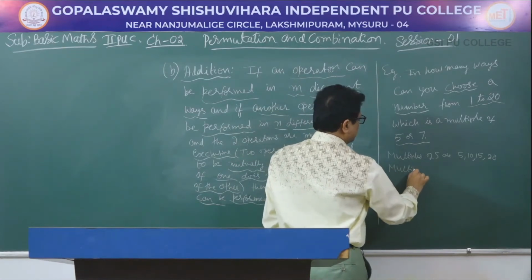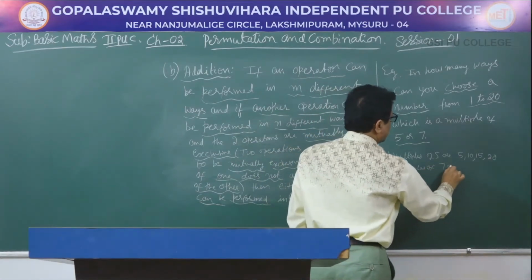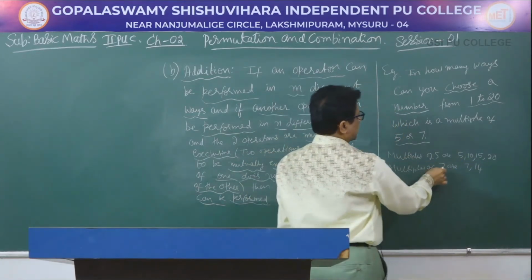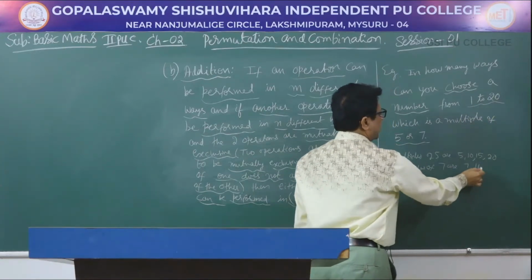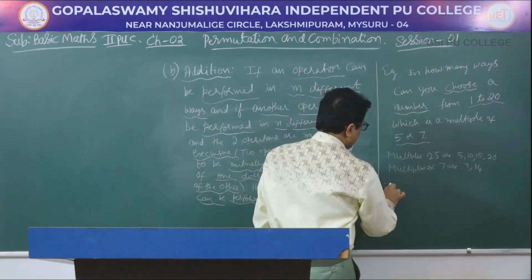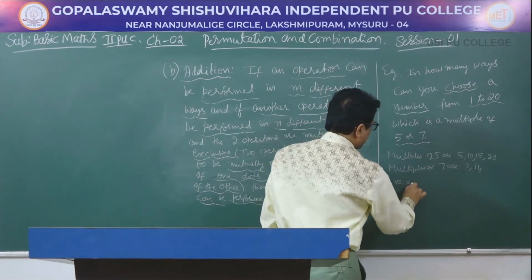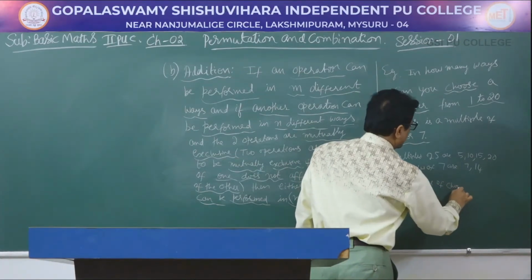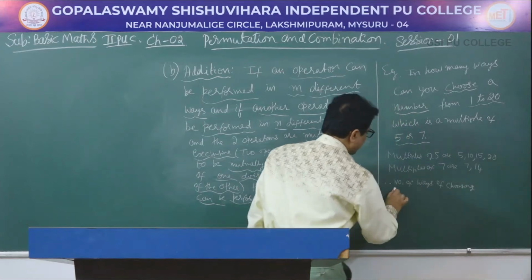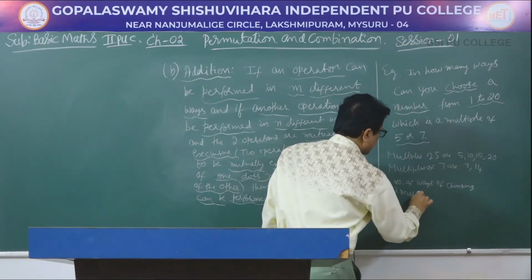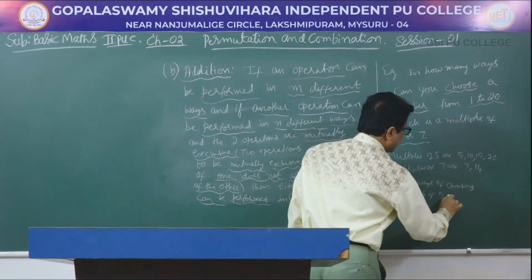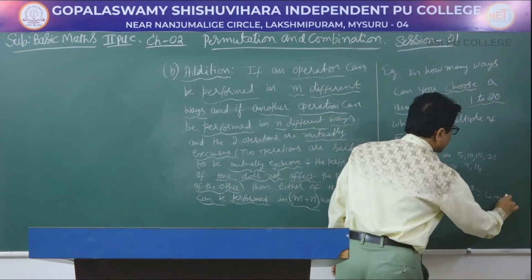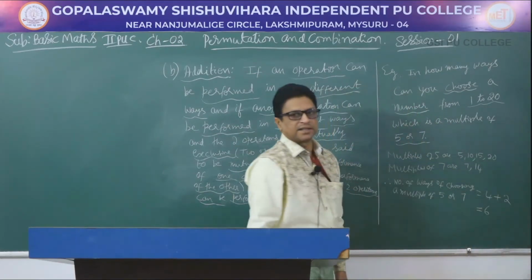Similarly, multiples of 7 from 1 to 20 are 7 and 14. Therefore, the number of ways of choosing a multiple of 5 or 7 will be equal to 4 plus 2, which is equal to 6.